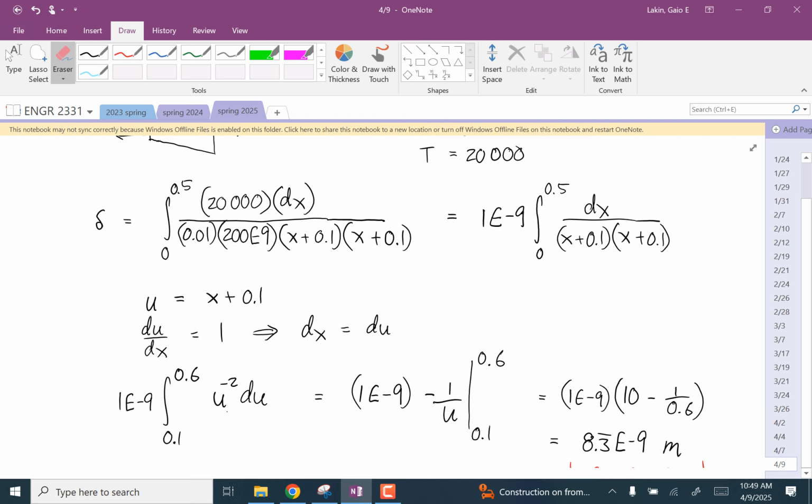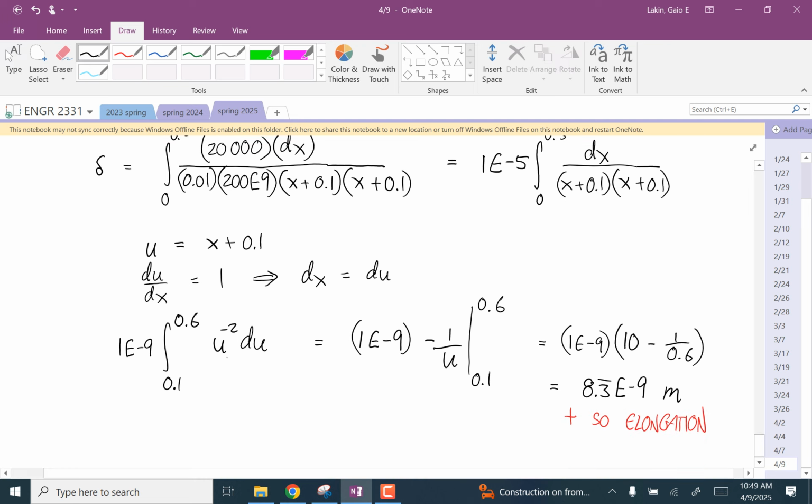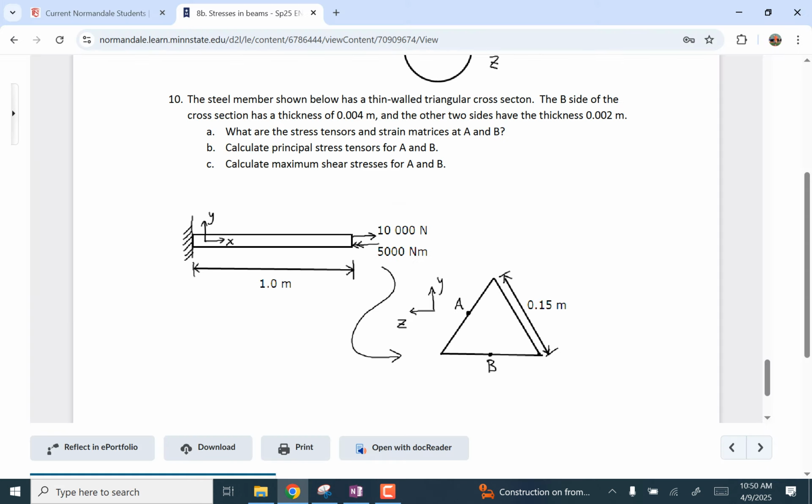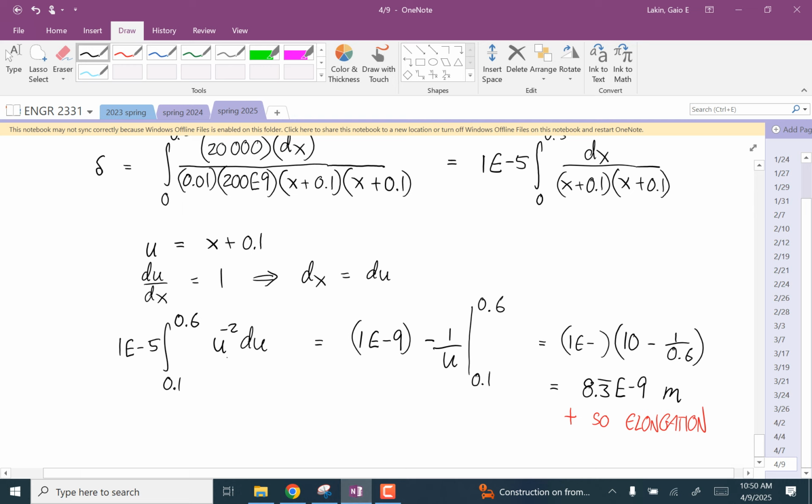So this should actually be 1 times 10 to the minus 5, which has a pretty significant effect on all this. So this is minus 5. This is minus 5. And this is minus 5.